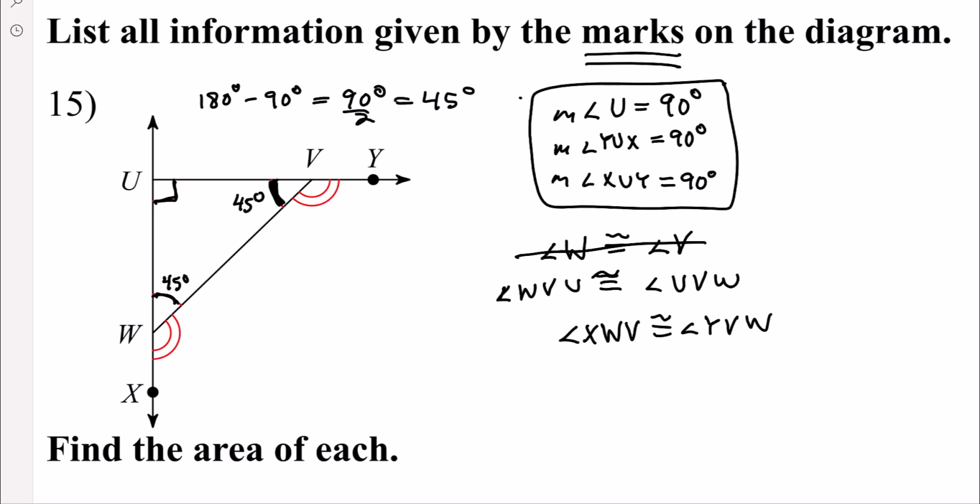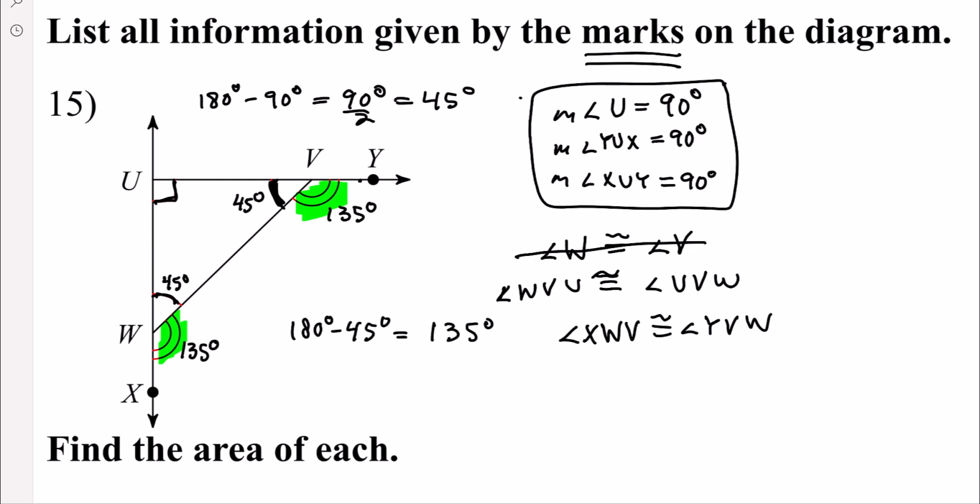Well, now because you know this is 45, these two angles sit on the same line. So this angle right here and this angle right here will be 180 degrees subtract 45 degrees, which is 135 degrees. So this angle will be 135 degrees.